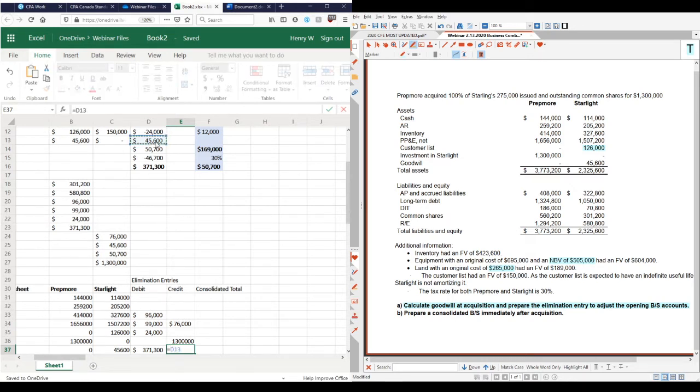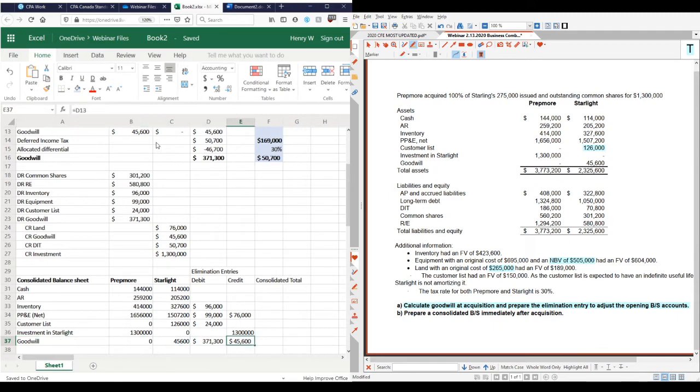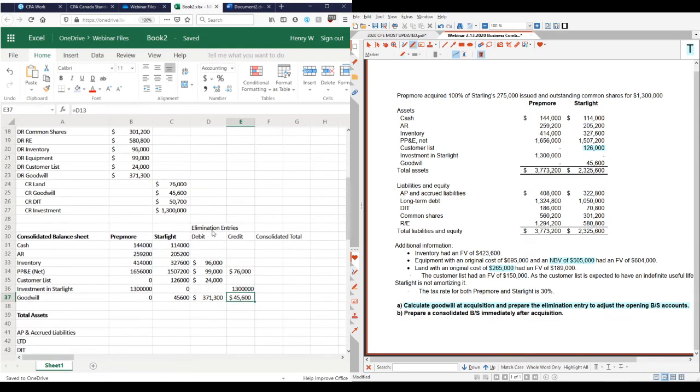And then here you've got the 45,000 from the previous goodwill that was used, which is already embedded right into the new goodwill calculation. So I'm just doing the asset side first, and you're going to now see the consolidated total.